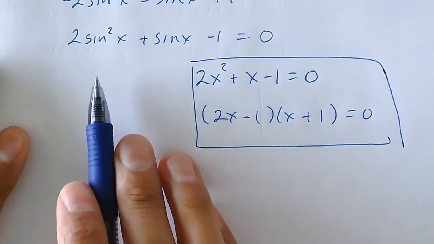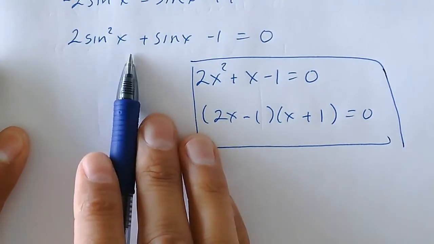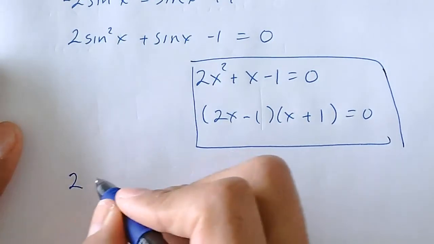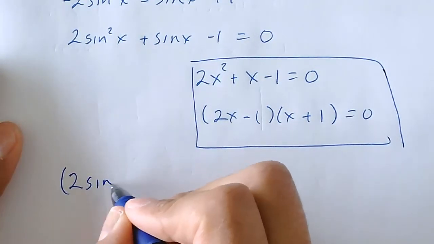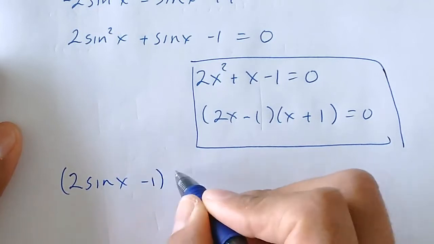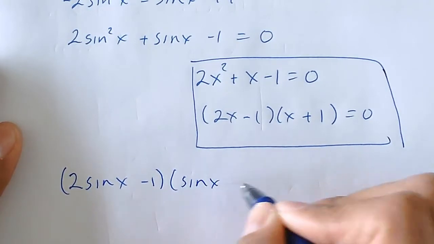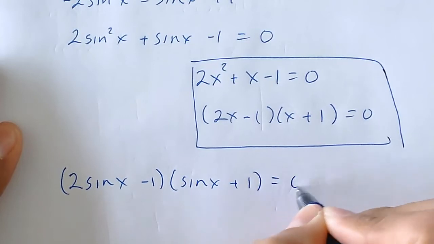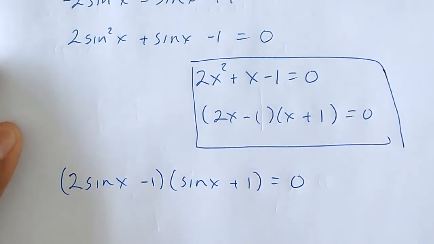The difference is that the variable in this equation was x, and the variable in this equation is sine. Set each one equal to 0 and solve the equation.